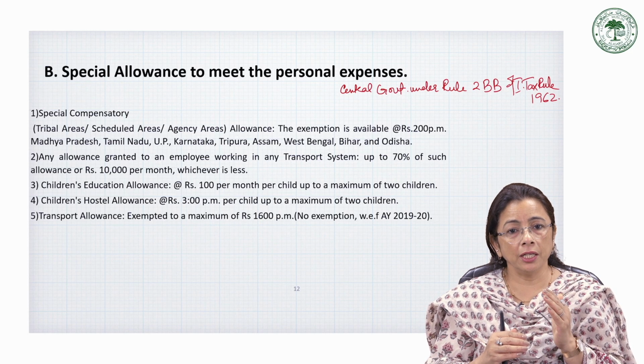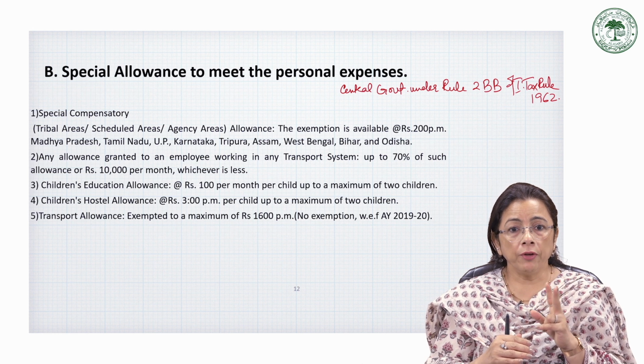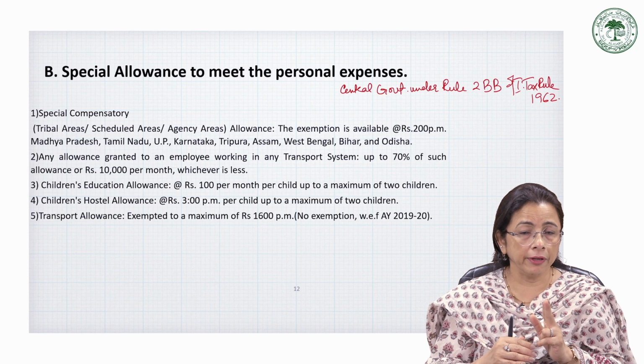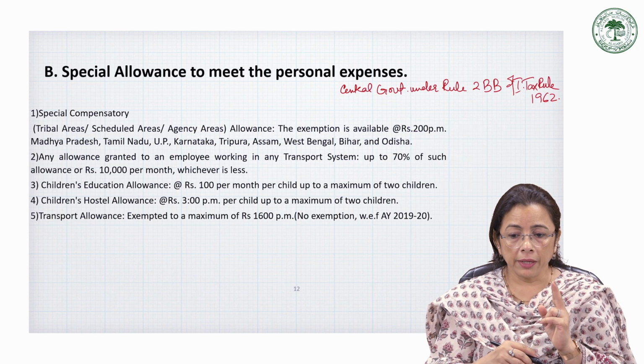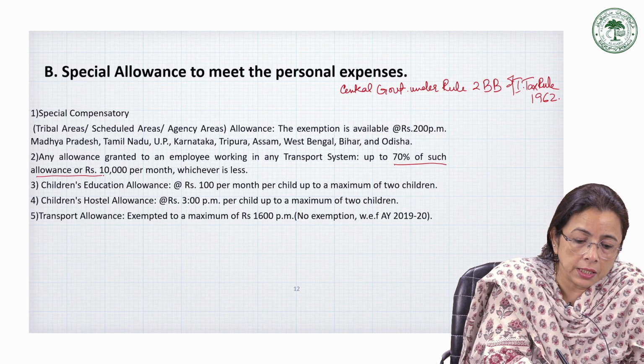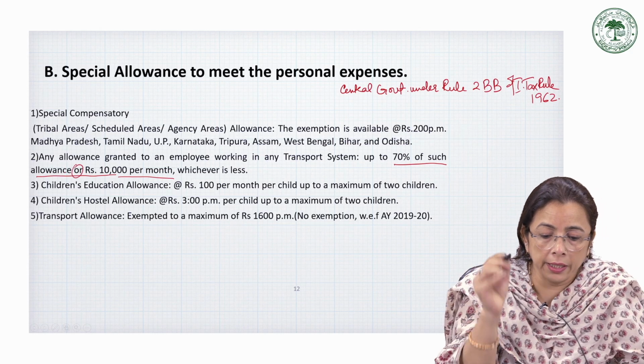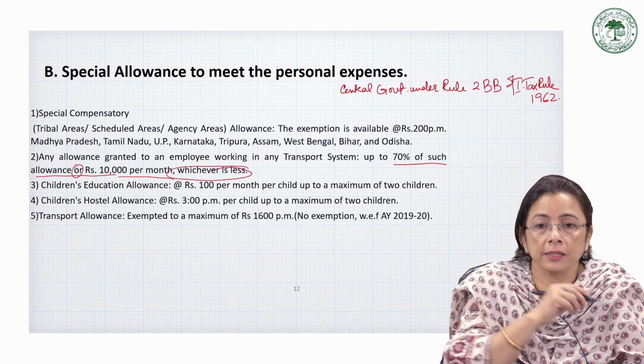So the exemption limit here is that we have to compare two figures. One figure is 70% of whatever allowance is given, or rupees 10,000 per month, whichever is less.